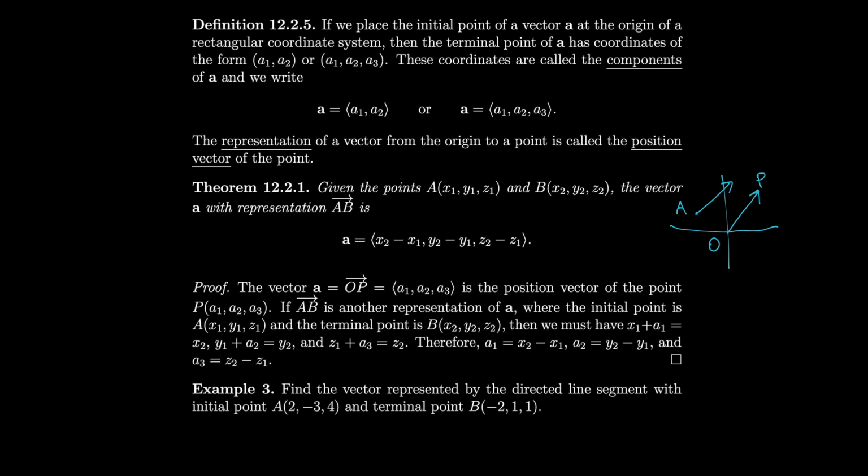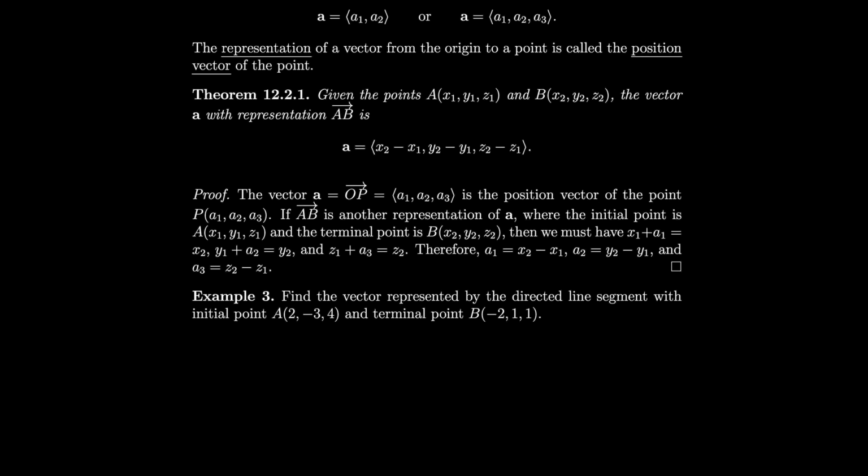Okay, how about we find the vector represented by the directed line segment with initial point A and terminal point B, where they're given by this example. So we can label that vector a, and that'll just be what we get when we subtract, like we said. So we start with the terminal point, so we'll take -2 and subtract that 2 from A. So that's our first coordinate.